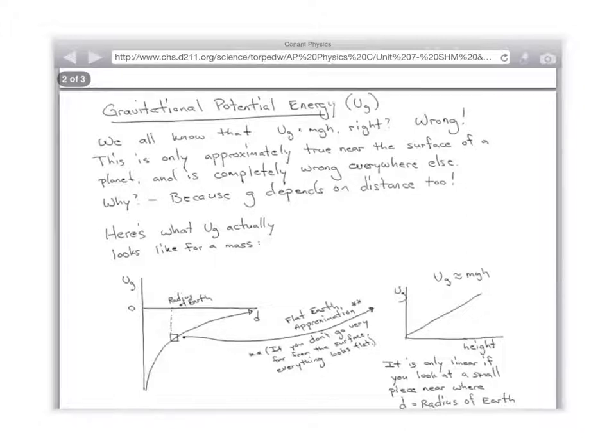How much potential energy does it have when you're infinitely far away from Earth? 0. Why? The force of gravity gets weaker and weaker as you get further away. So yes, you're gaining energy as you get further away, but the further away you get, the less and less energy you gain per meter. You get to a point where you're gaining very, very little, once you're a couple of light years away.